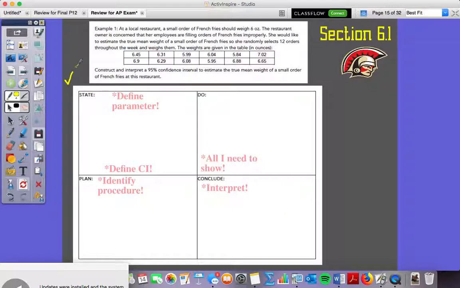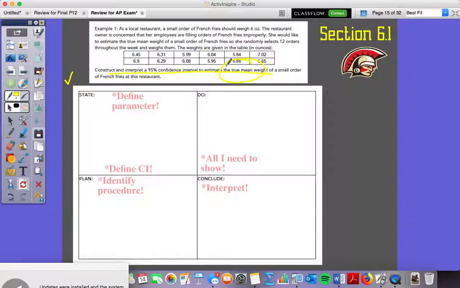Make sure you show everything within the one step. The ones you'll need to show work for, and how I would look at this: a 95% confidence interval to estimate the true mean of a small order of French fries at this restaurant. One sample, right? One sample t interval.